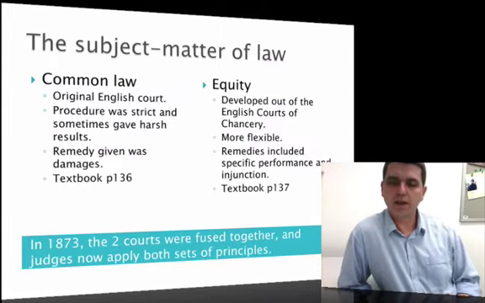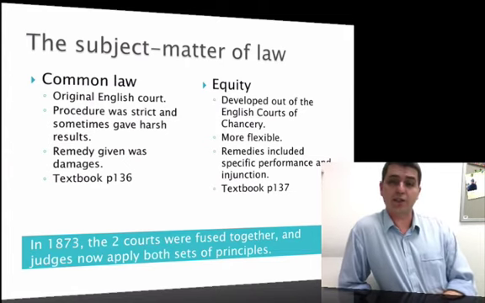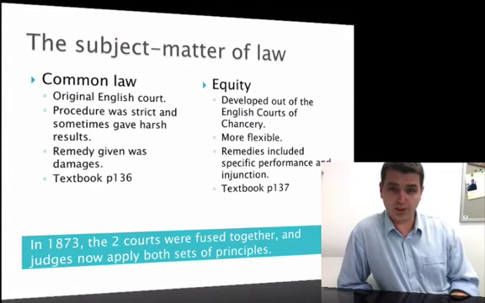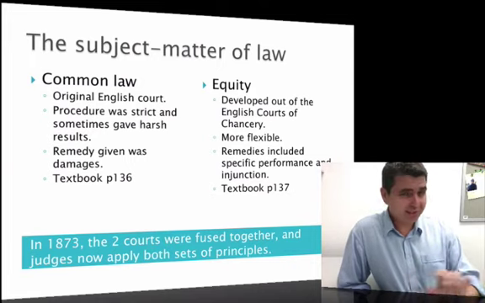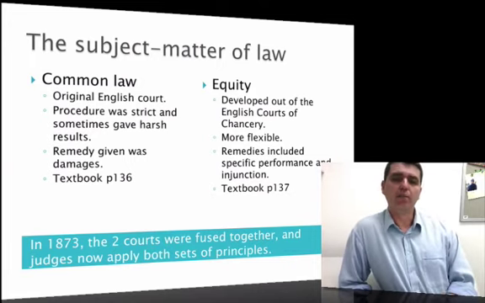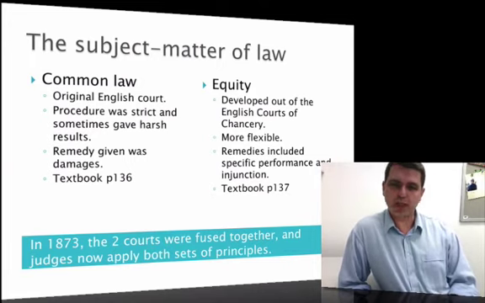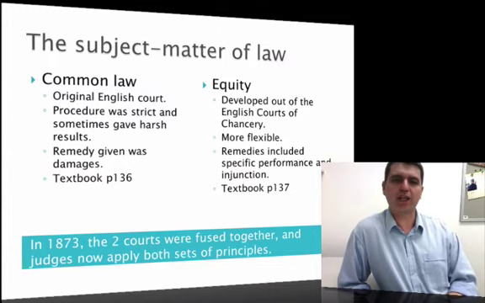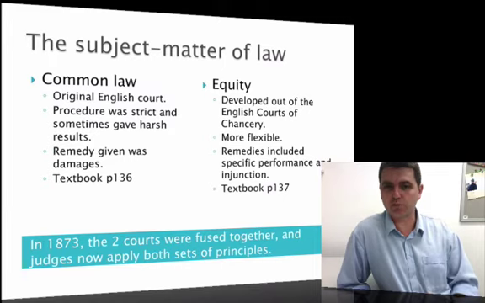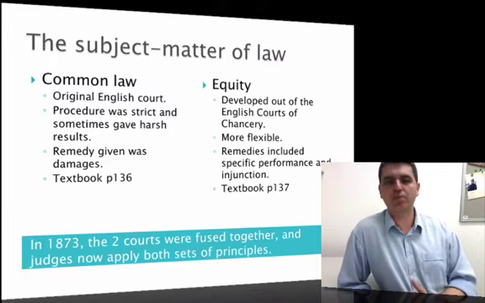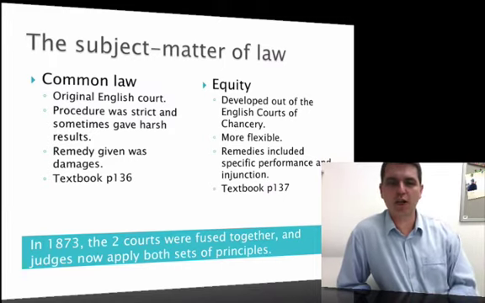Okay, another area where you'll see this distinction in the law is between common law and equity. This goes back a long way in history, but originally when the courts were around, one of the problems that started to occur was that because of the nature of the doctrine of precedent and judges being bound by those of a higher court and previous decisions, the law became very inflexible and it could actually lead to some very tough decisions.